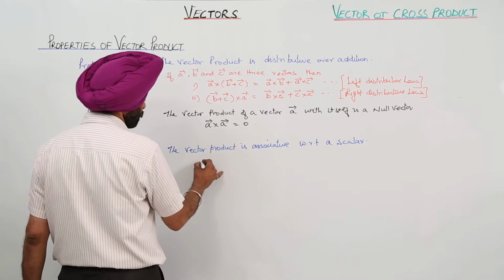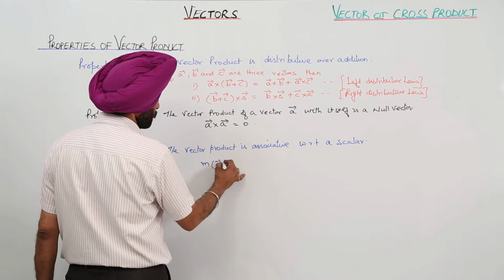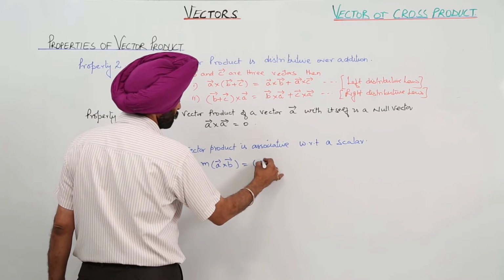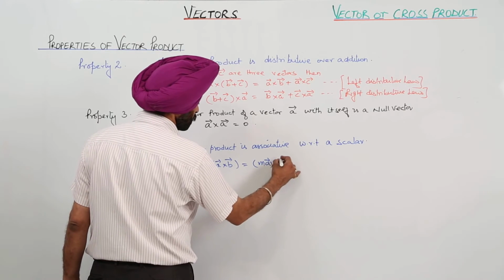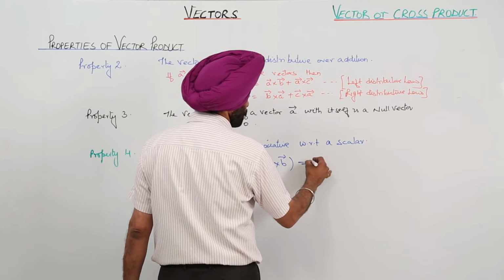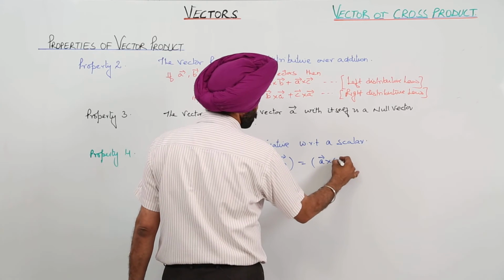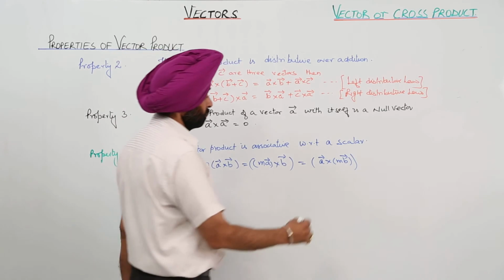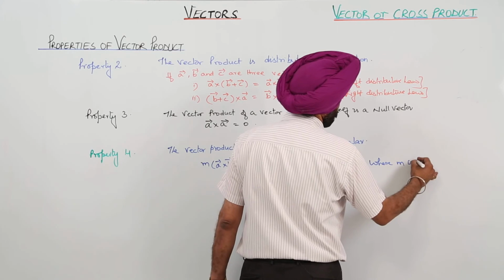Now what we can write? Where M is a scalar, now M with vector A cross vector B, to this we can write it cross product of vector B, and this can be written as vector A with cross product of, like this, where M is a scalar.